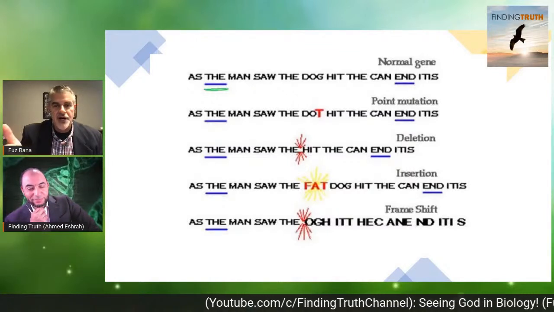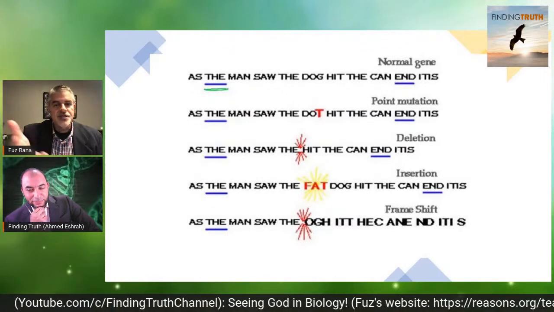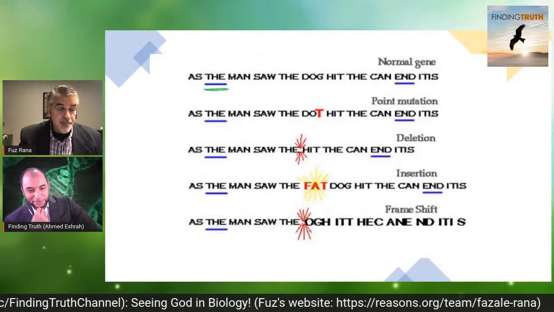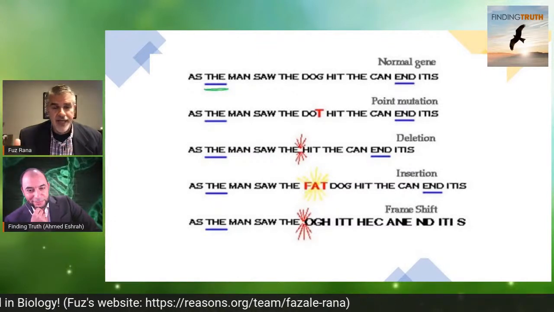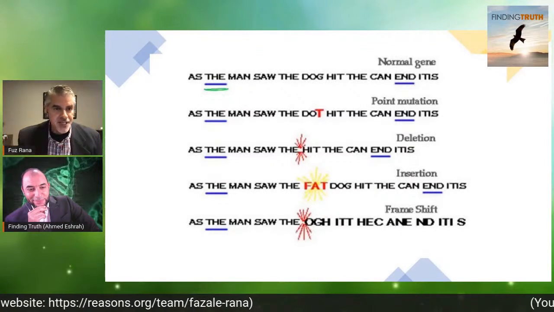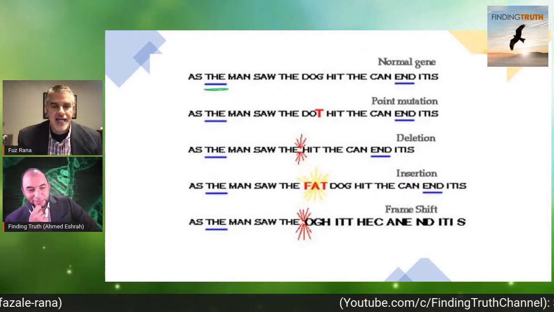The man saw the dog hit the can, and now it's the man saw the dot hit the can. The meaning has changed, and significantly, actually, but nevertheless, you still have most of that sentence intact.